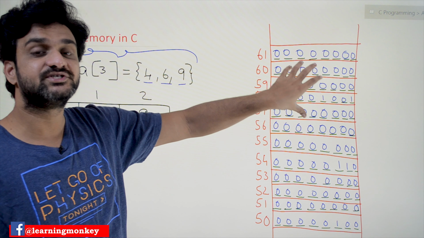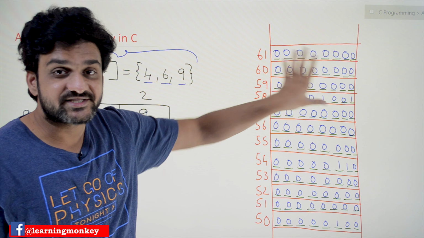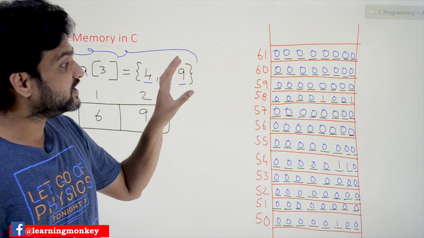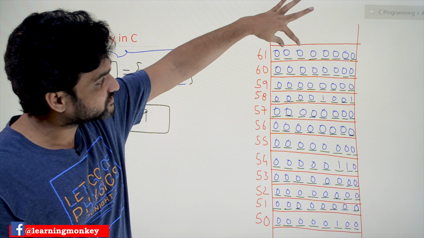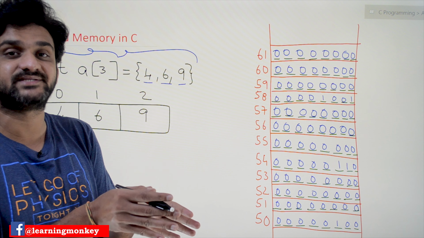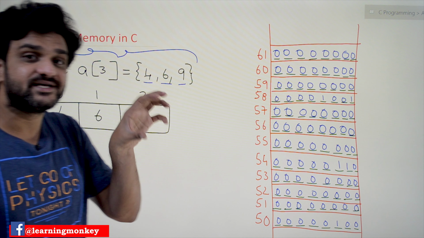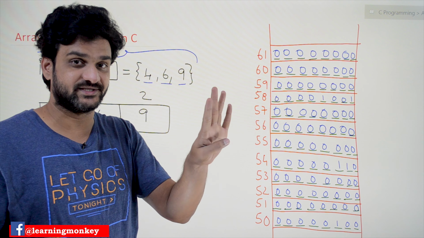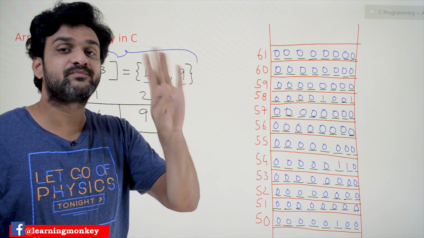We already had this kind of visualization in our discussions on variables. Every byte or every location of the memory has 8-bit capacity, and let's assume that an integer takes 4 bytes of space. So in order to store one integer, we need 4 bytes of space.